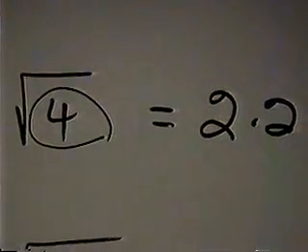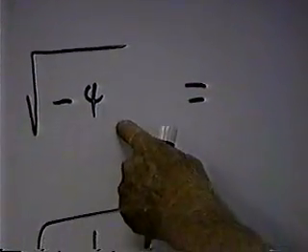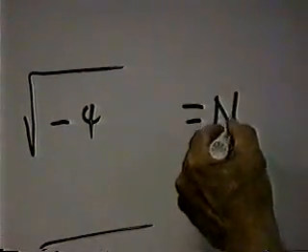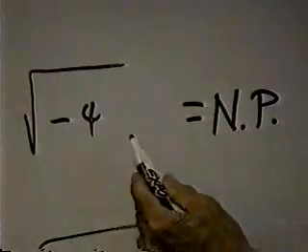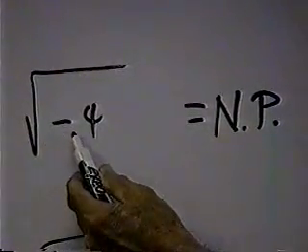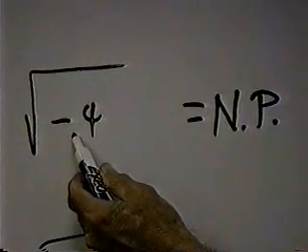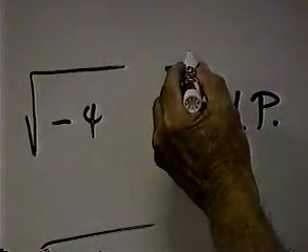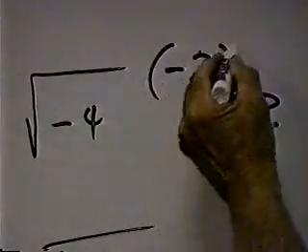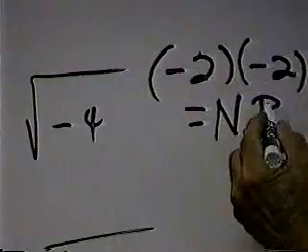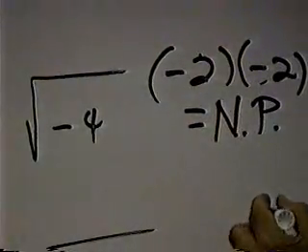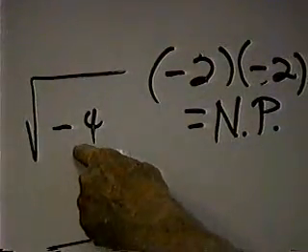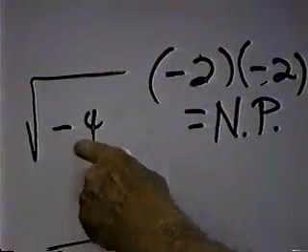Next example, the square root of a minus number. Not possible. You cannot take the square root of a negative number, because that means you'd have to have a minus 2 times a minus 2, and that would give you a positive. So you cannot multiply a number by itself and get a negative.